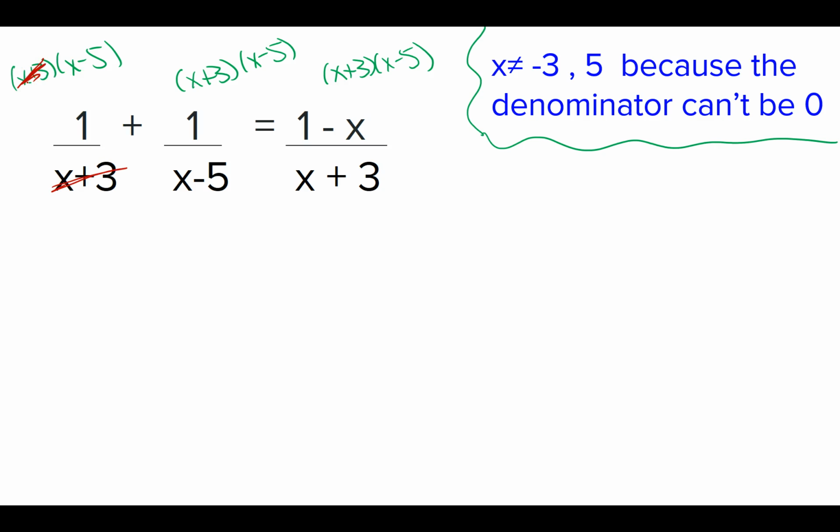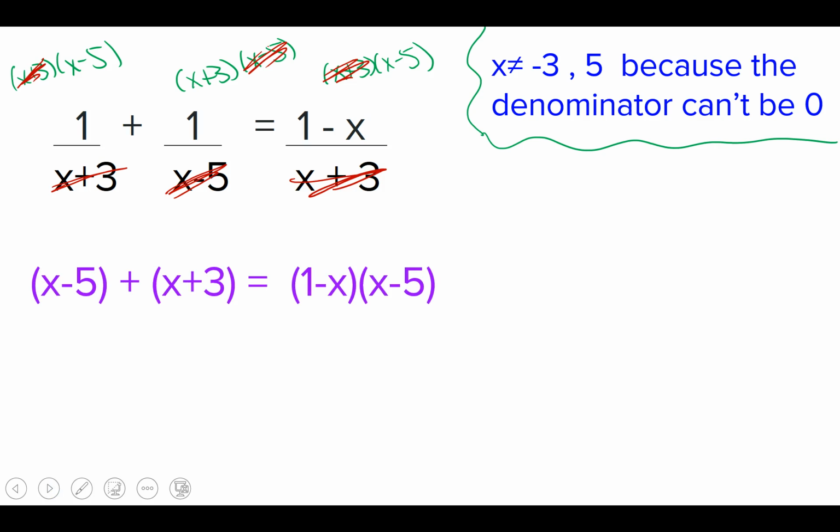How about my middle piece? We just need the x plus 3. And how about the last piece? We only need the x minus 5. So we end up with 1 times x minus 5 plus 1 times x plus 3.